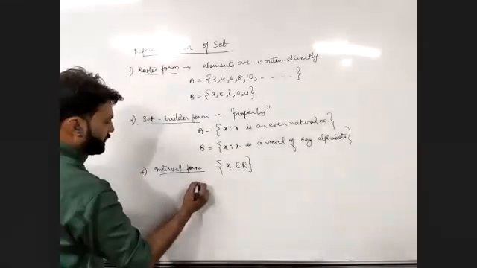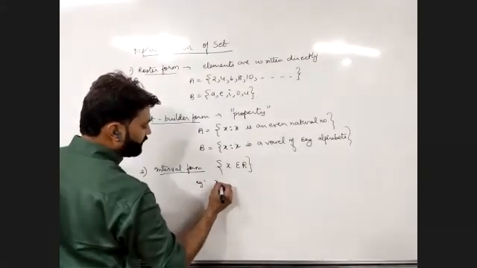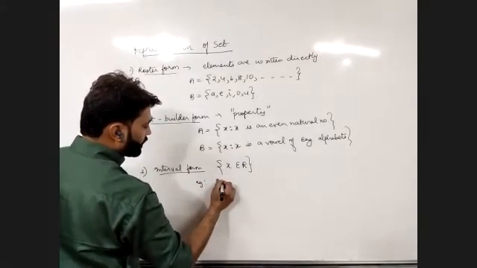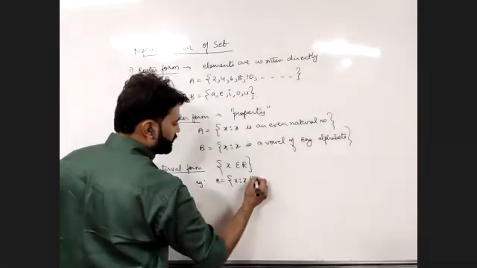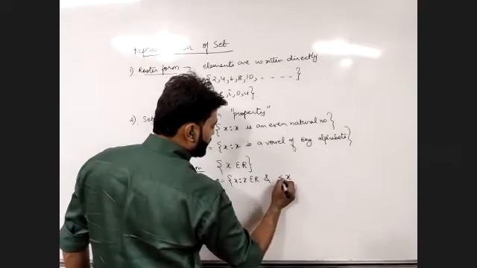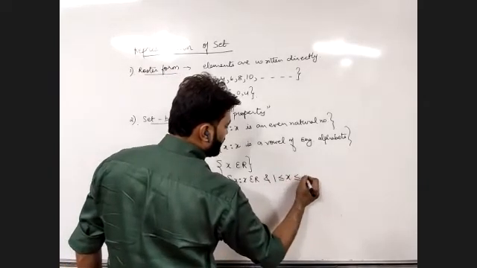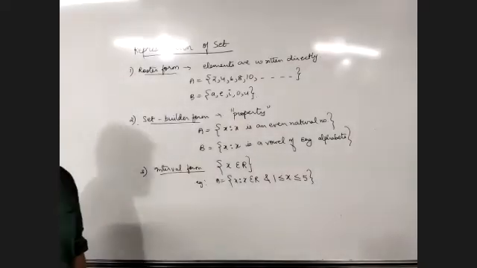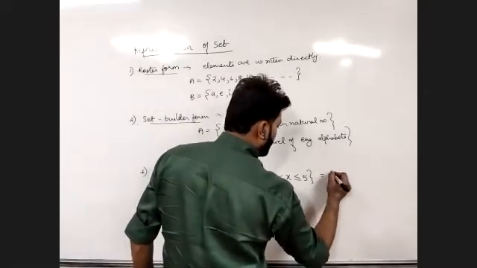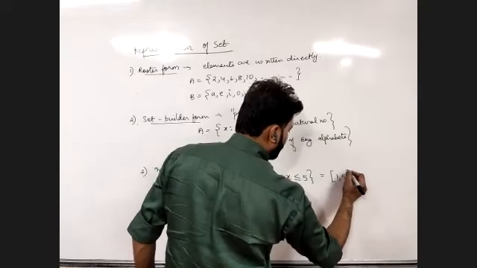For example, if I write {x such that x belongs to R and x is greater than or equal to 1 but less than or equal to 5}, we can write this in interval form. In interval form, it will be written as [1, 5].